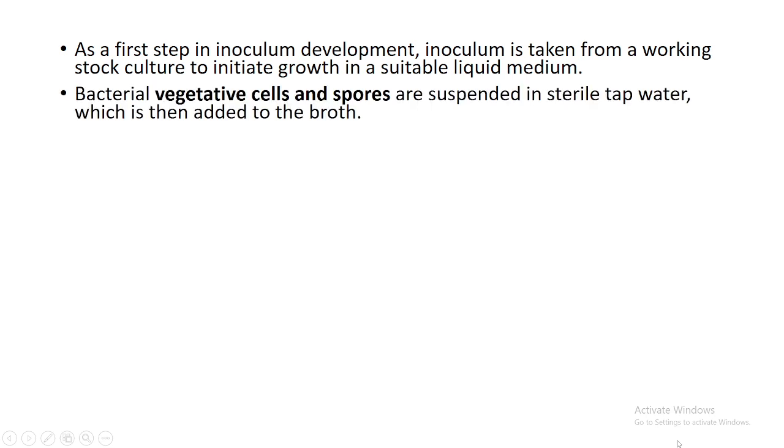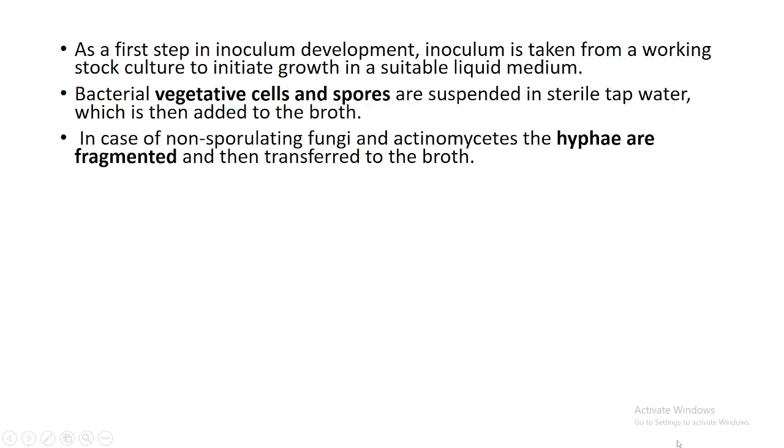And how is it done? The bacterial cells, the vegetative cells and spores can be suspended in sterile water, sterile tap water, and this suspension can then be added to the culture media or the broth.